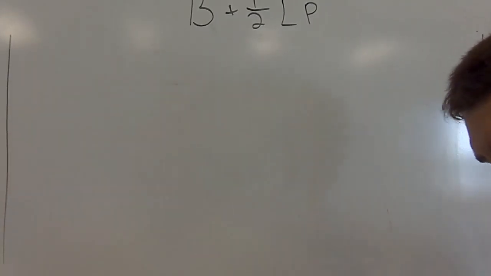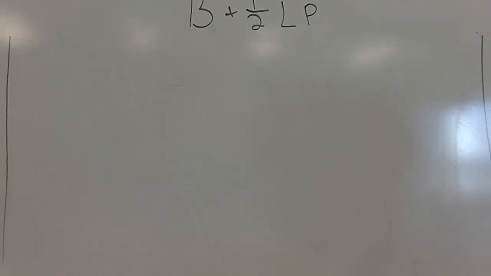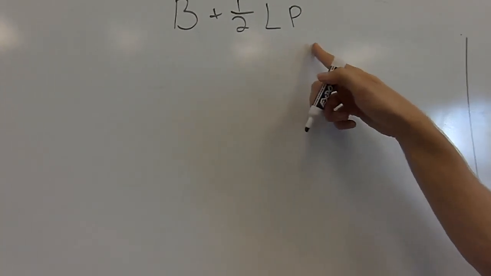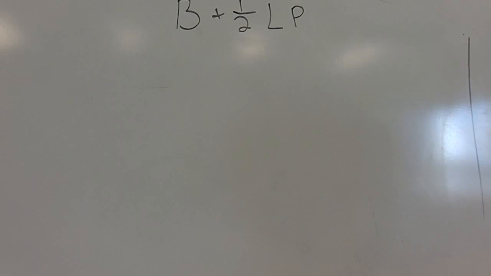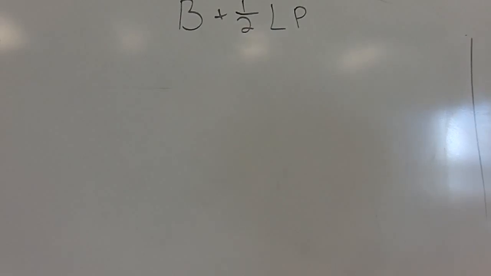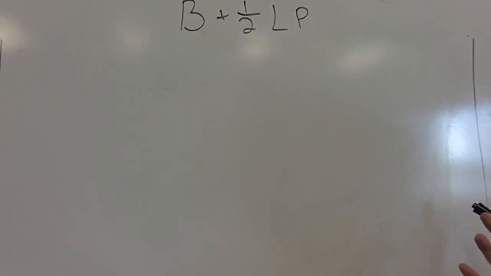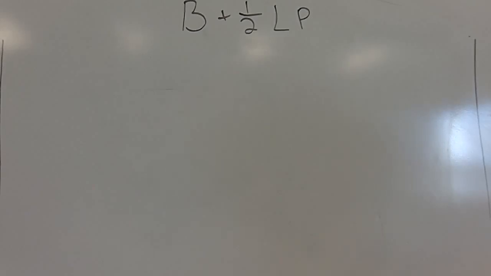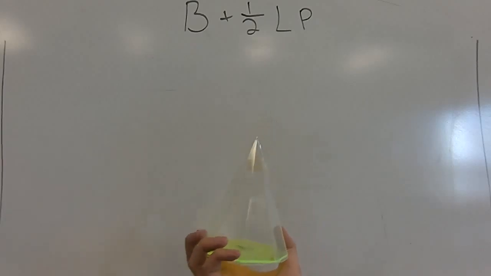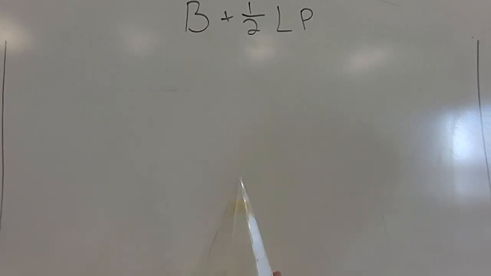Now, if you remember correctly, back in chapter 10, we talked about area of a triangle. This should look kind of familiar to you because it looks kind of like the area formula for a triangle, which is 1/2 base times height. Now, with a triangle, you always need to do 1/2 base times height.